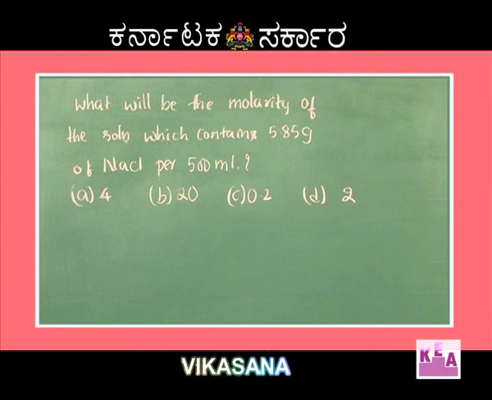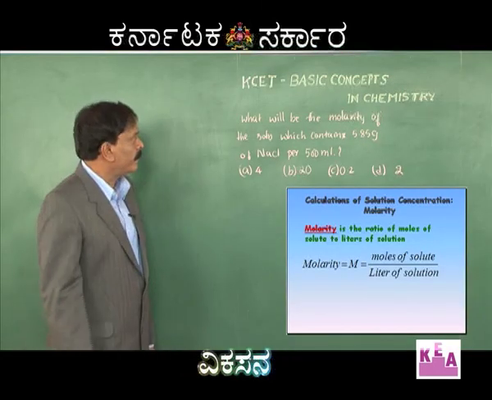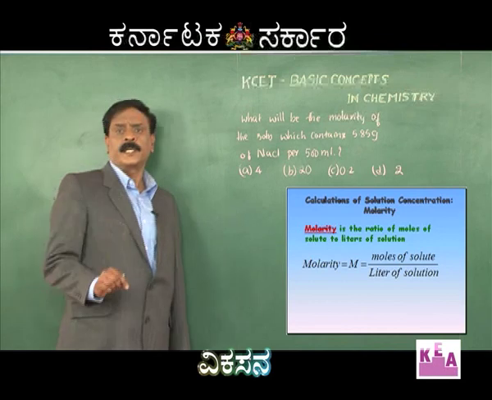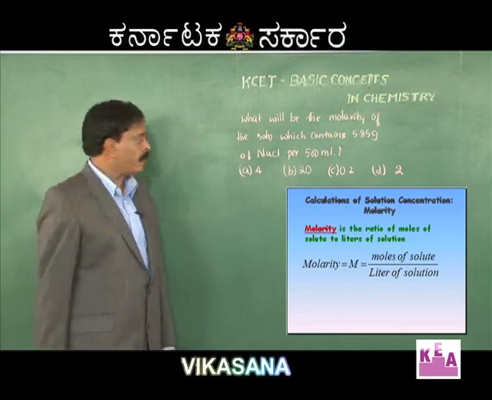Question: what will be the molarity of the solution which contains 5.85 grams of NaCl per 500 ml? The options are A 4, B 20, C 0.2 and D 2. Dear students, here we know the definition of molarity. Molarity is the number of moles of the solute present in 1 liter of the solution.